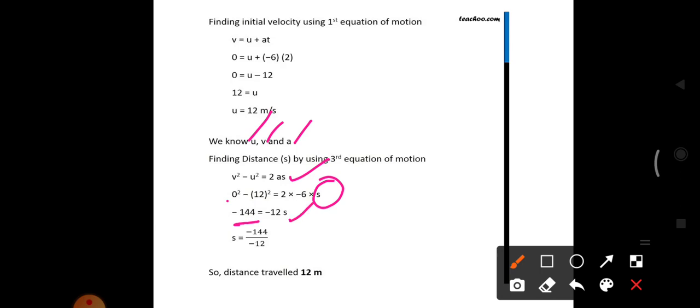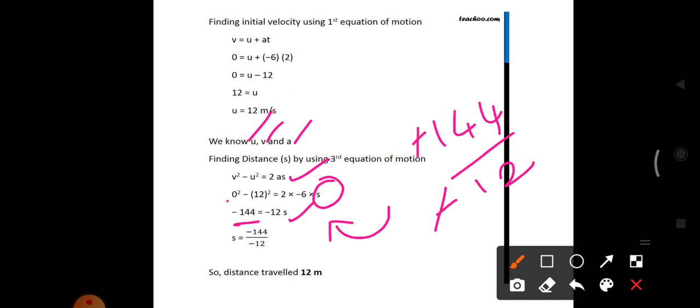When the minus 12 is transported to the LHS, 144 by 12. Here also minus, here also minus. The minus will be cancelled. 1 12s are 12, 12 12s are 144. So s equal to 12 meter.